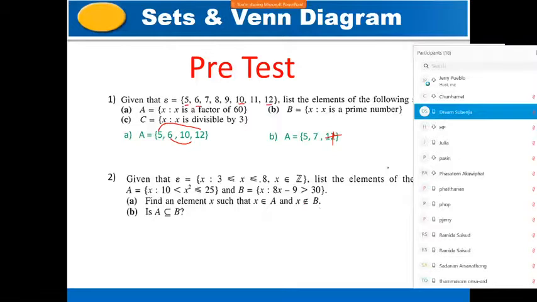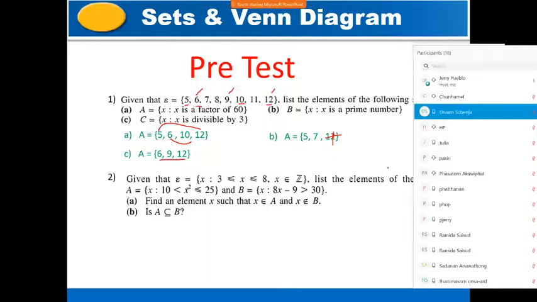Okay, we have 6, 9, and 12, right? 6, 9, and 12. Okay, divisible by 3 is 3, 6, 9, 12, 15. But we have only available 6, 9, and 12. So I have this answer here.